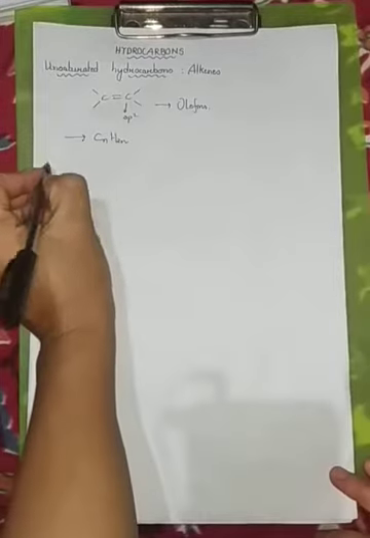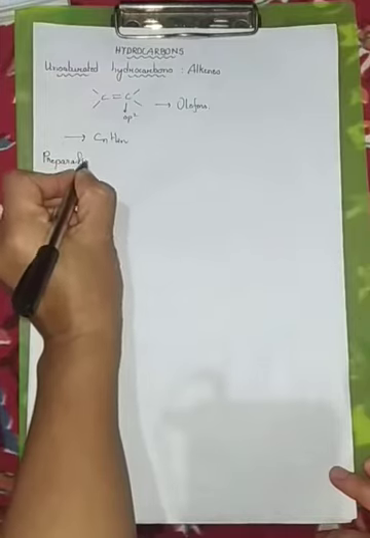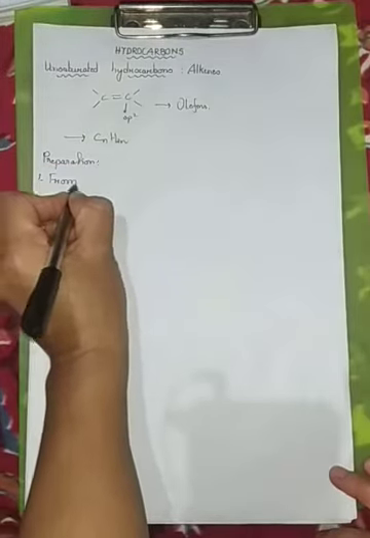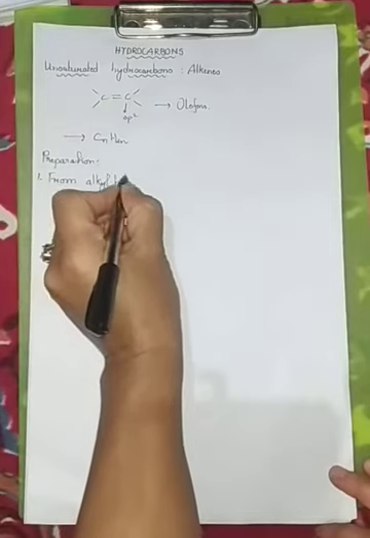Now let's check out how alkenes are prepared. The first method is the preparation from alkyl halides.